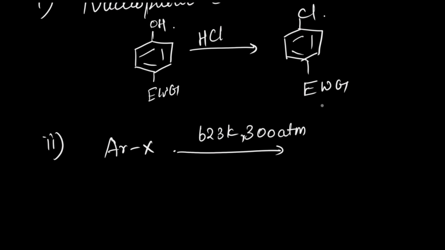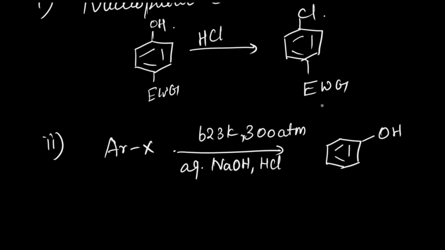As surrounding is 1 atm pressure, imagine 300 atm pressure. How much the pressure is high. Along with aqueous NaOH and HCl, which gives us OH, phenol. This is one of those preparations of phenol which is called Dow process.